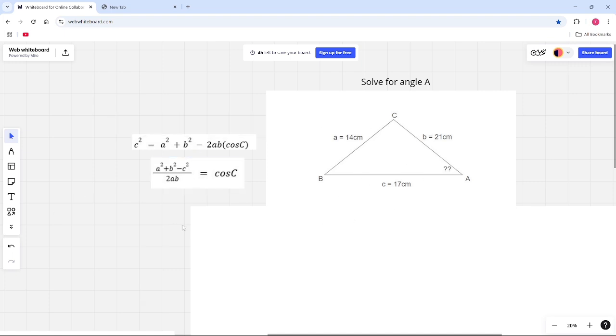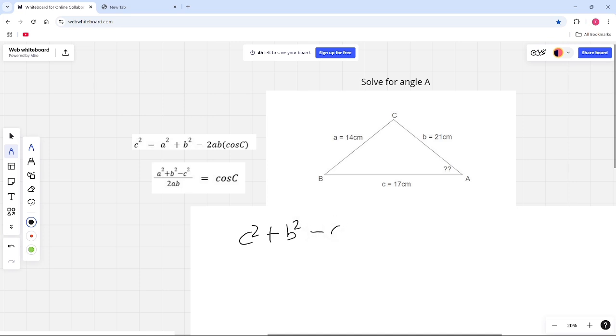We would actually have to build an equation that corresponds to this triangle in particular, as we are trying to solve for missing angle A. And as you can see over here, we actually do not have the missing angle of C. So we would have to simply just build our equation. This will be C squared plus B squared minus A squared over 2 times C times B is equal to cos angle A.